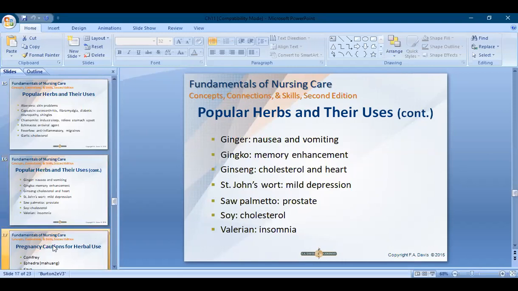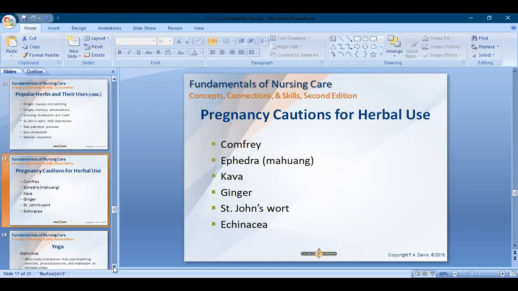And here the pregnancy, this is very important. This PowerPoint, basically this herbal portion, is so important for our NCLEX board exam. The mother who is continuing the pregnancy, it is good, do not take this kind of herbal medication like St. John's wort or ginger or kava, right?